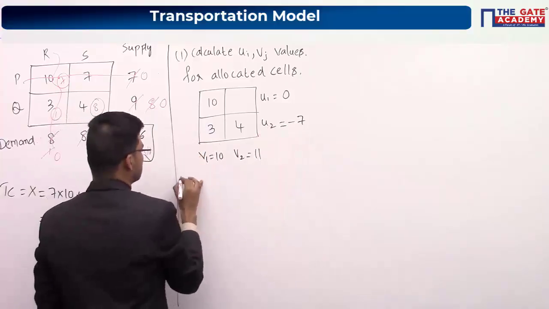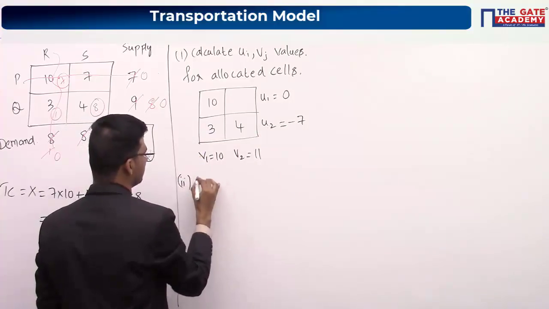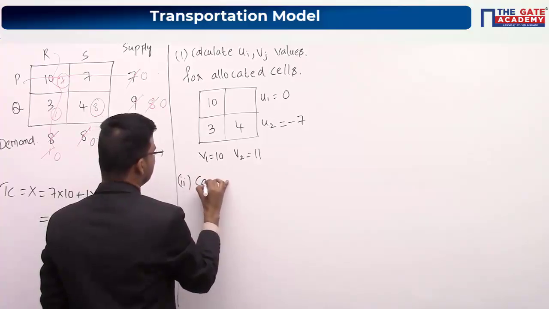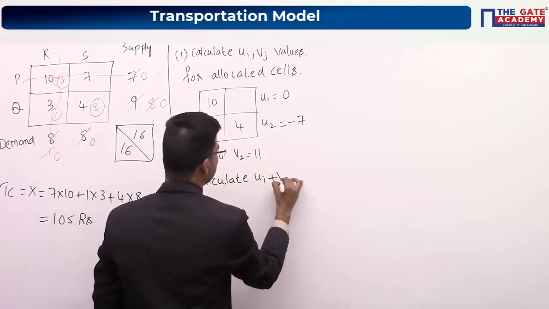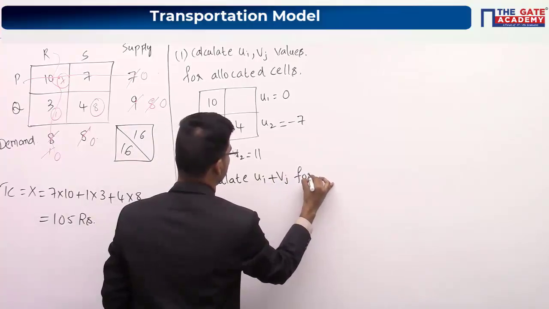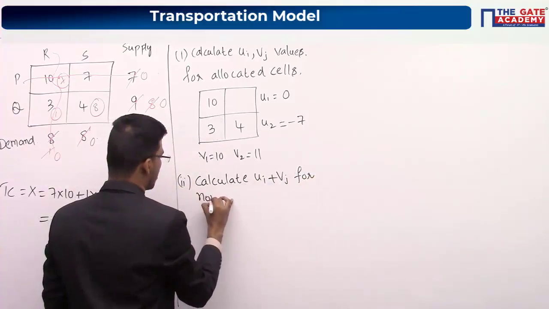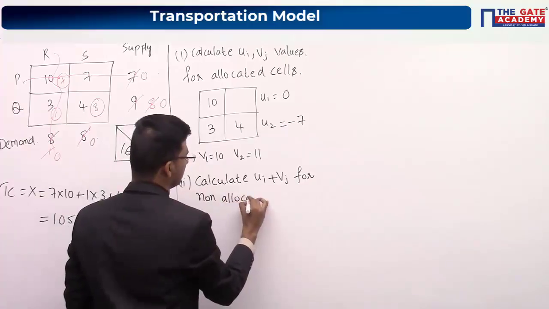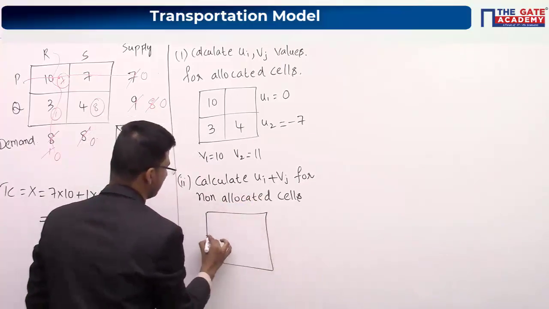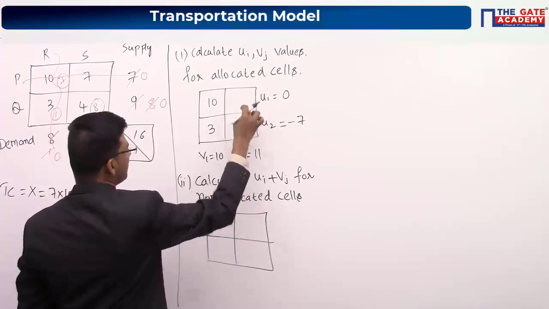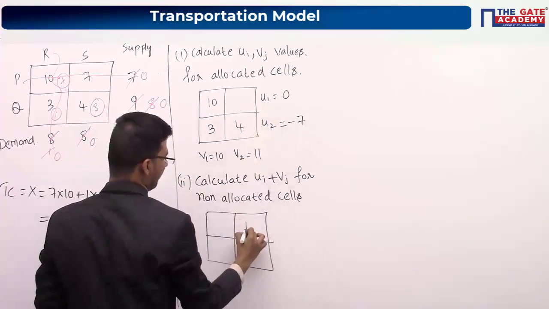Second step, calculate Ui plus Vj for non-allocated cells. We are having only one non-allocated cell, which is this one, 11 plus 0, 11.